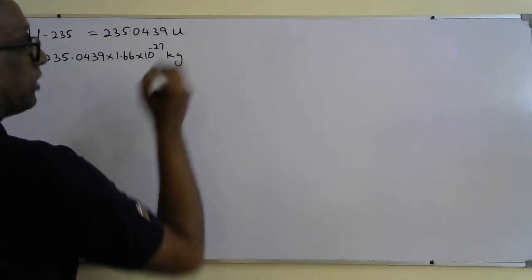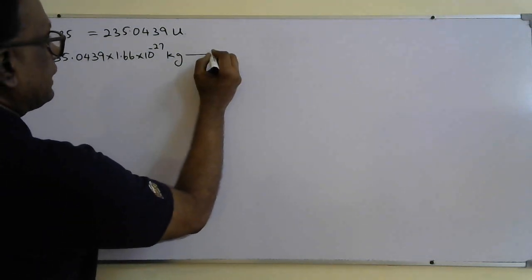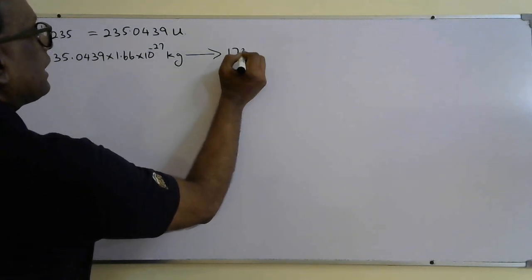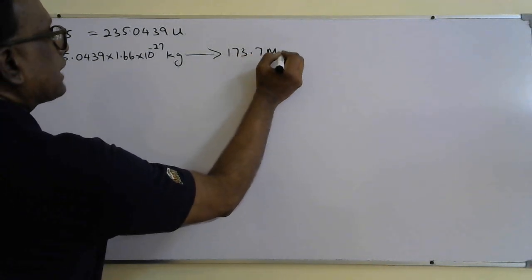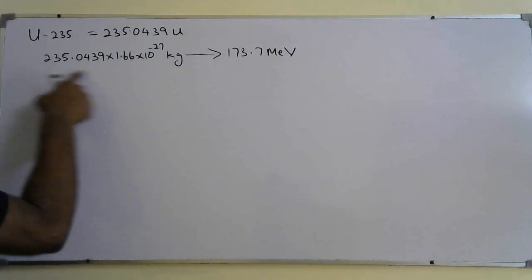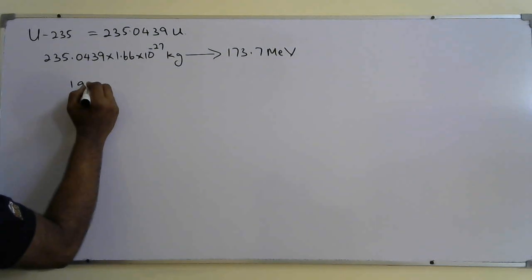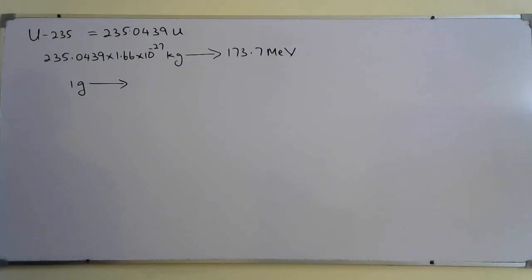When it undergoes a fission reaction, the amount of energy release is 173.7 mega electron volt. So we'll see how much energy will be released when 1 gram of uranium is used.